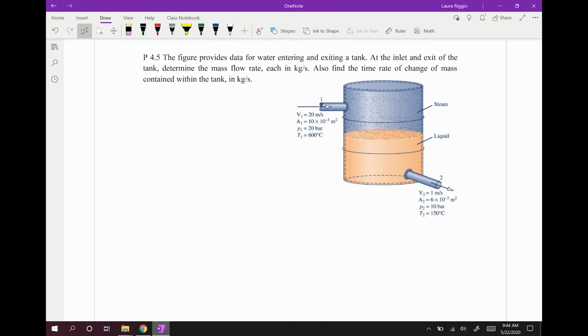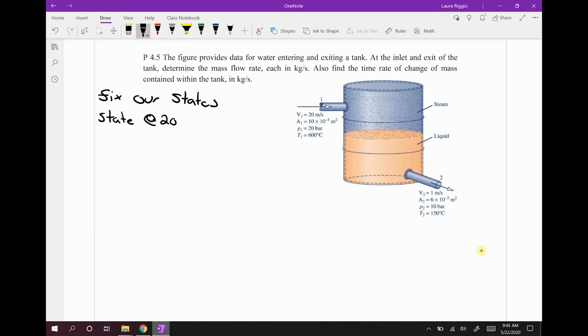So we have a tank that has an inlet at the top and the bottom, and we want to figure out the time rate of change of the mass within the tank, as well as the inlet and exit mass flow rates. The first thing we're going to do is fix our states. At state 1, we know our temperature and pressure.